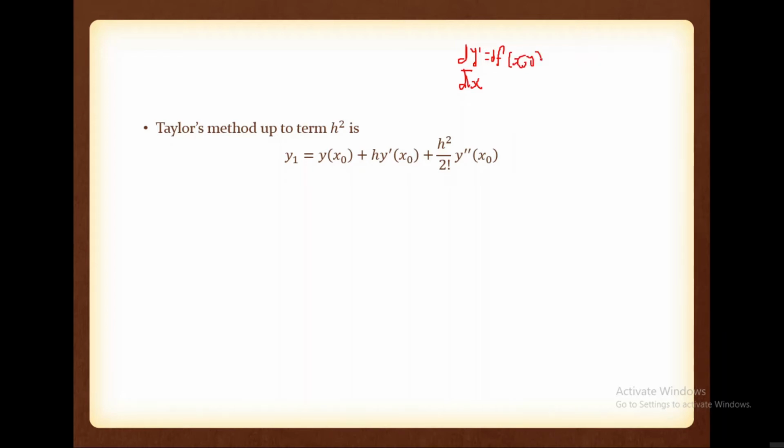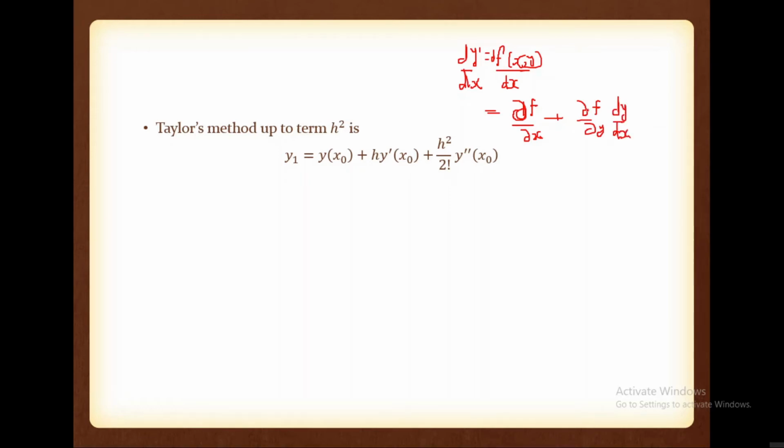So its differentiation with respect to x. I told you this f depends upon y, and it also depends upon x. So this is actually a partial derivative: dou f by dou x, because it's a partial derivative, plus dou f by dou y into dy by dx.